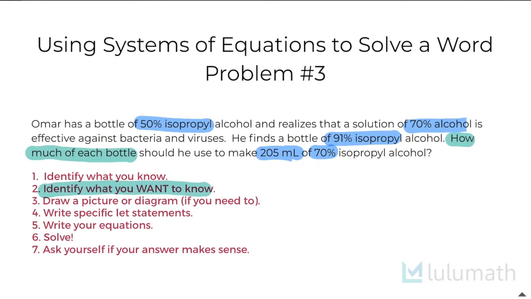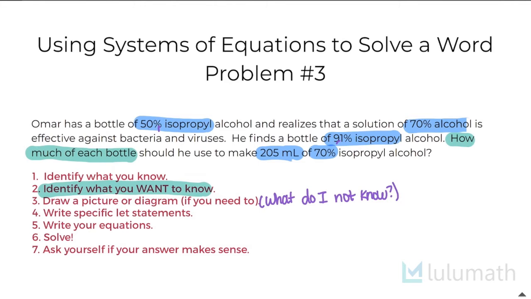Don't forget, you're always going to ask yourself, what do I not know? Okay, so what I don't know is how much of each bottle. I don't know how much of the 50% isopropyl alcohol I need, and I don't know how much of the 91% isopropyl alcohol I need.